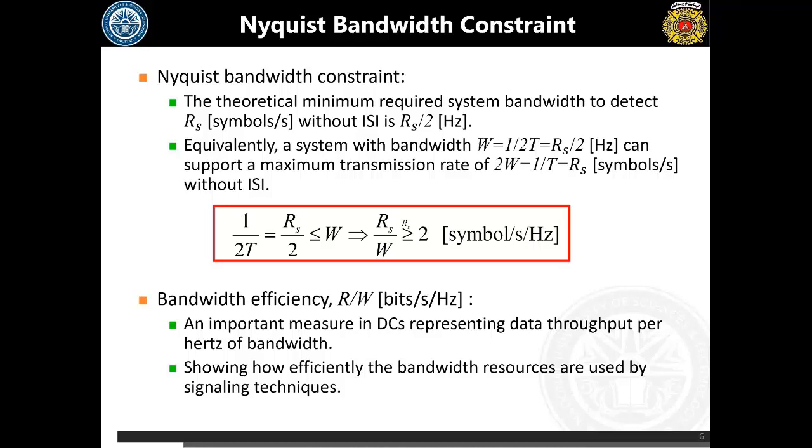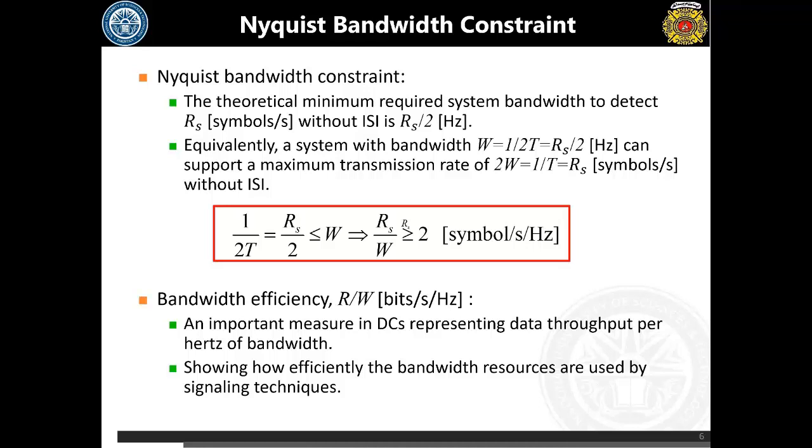So Nyquist, first of all, let us see what the Nyquist bandwidth constraint is. The constraint says that the theoretical minimum required system bandwidth to detect Rs symbols per second without ISI is Rs by 2. What does it mean?